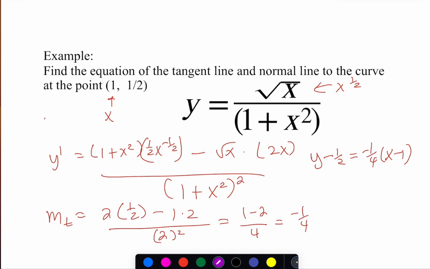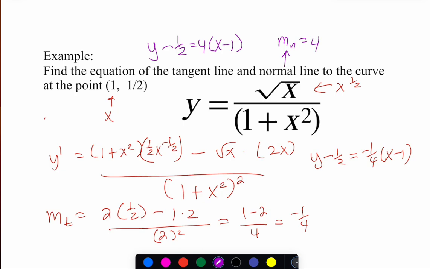They did also mention the normal line. If the slope of the tangent is negative 1/4, the slope of the normal is just the flip of that, the reciprocal of that. They're perpendicular lines. So it's just negative. Just flip the sign and then flip it. So it's positive 4. So the equation of my normal line is just y minus 1/2 equals 4 times (x minus 1).